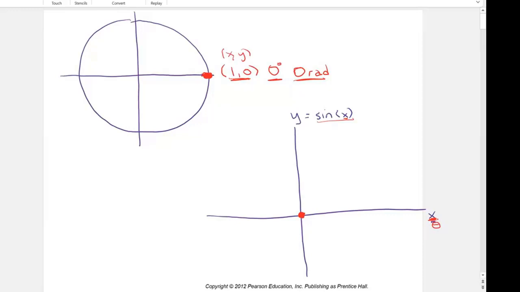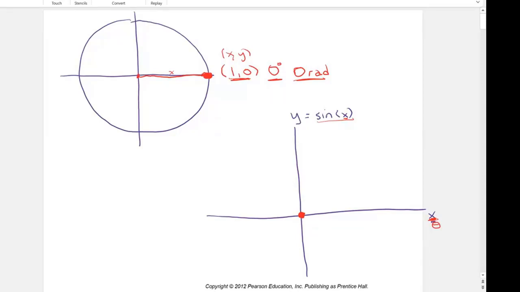And at that point, remember I have this unit circle. We call it a unit circle because the radius is 1. If I go from here to here, that is the radius of this circle, and this is a unit circle, so it has to be 1. And my y value is 0 because it's on the x-axis. I haven't gone up off of the x-axis.